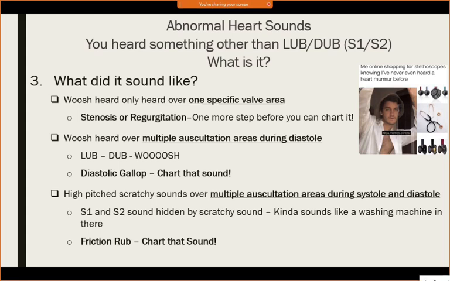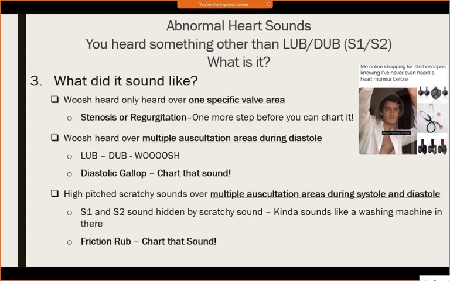If you heard lub, dub, woof over an aortic area, you have an aortic murmur. If you heard it over the pulmonic area, you have a pulmonary murmur. It's only heard the loudest over one location, because it's only happening in one valve. So if you hear something just in the mitral area, you can decide what it is based on what that valve is supposed to be doing.